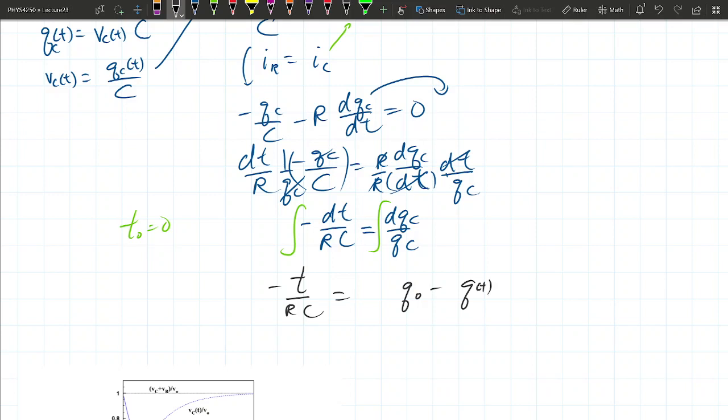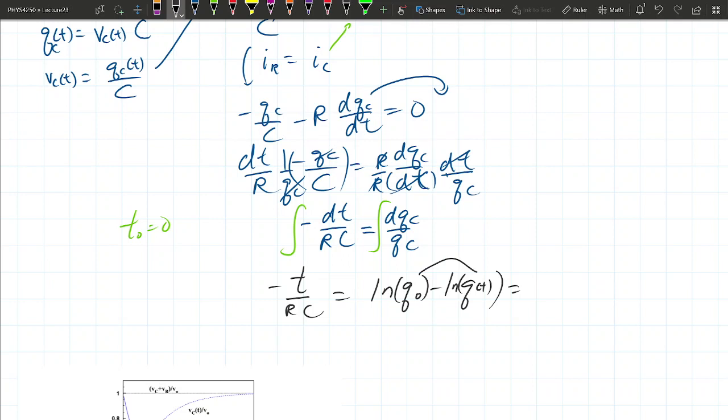Anyone remember that? What's the function that I need to use? Natural log. And it's evaluated from some initial charge to some final charge sometime later.